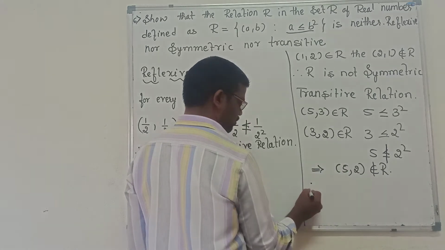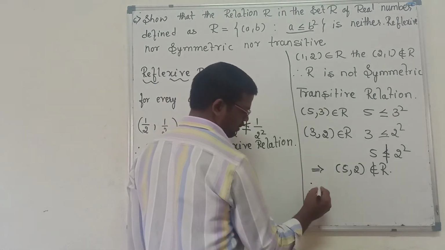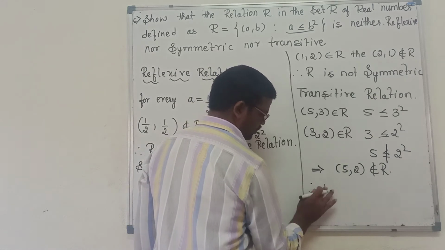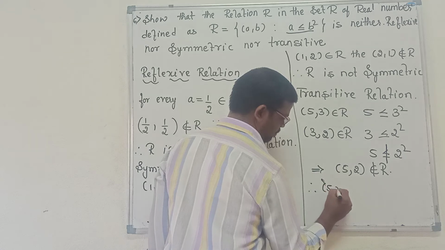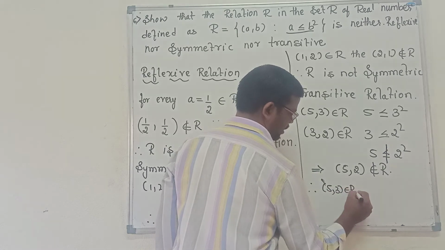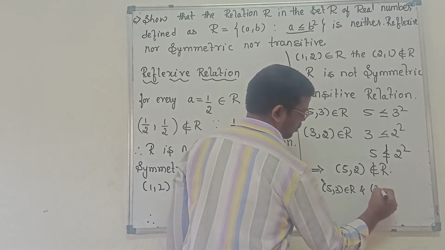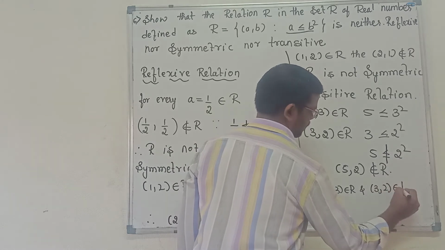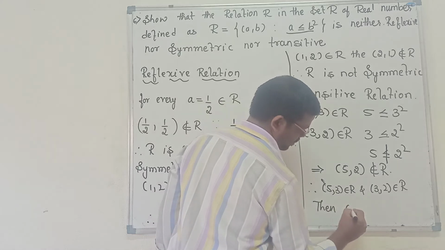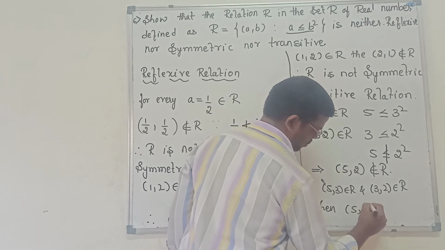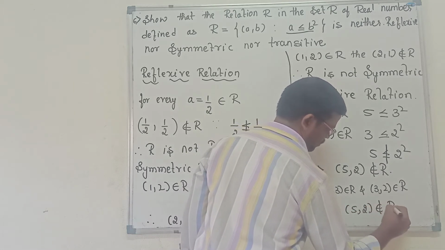Therefore we can say that if 5 comma 3 belongs to R and 3 comma 2 belongs to R, then 5 comma 2 does not belong to R.